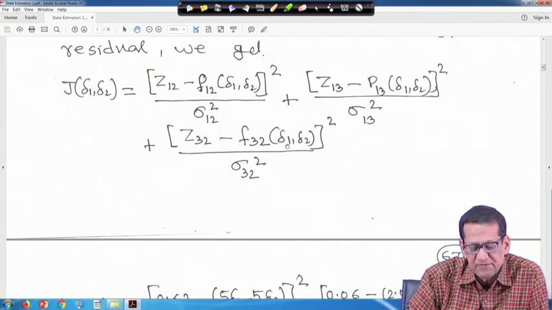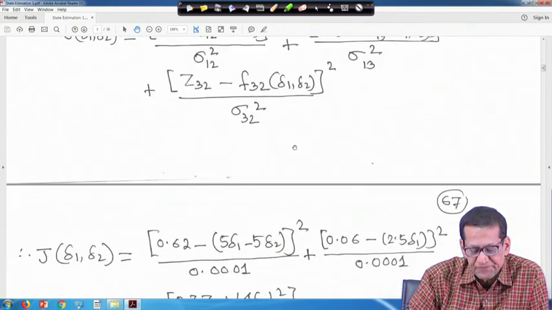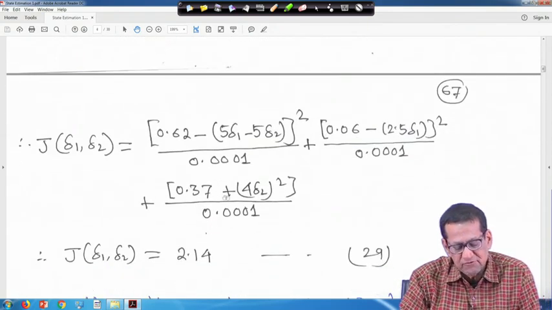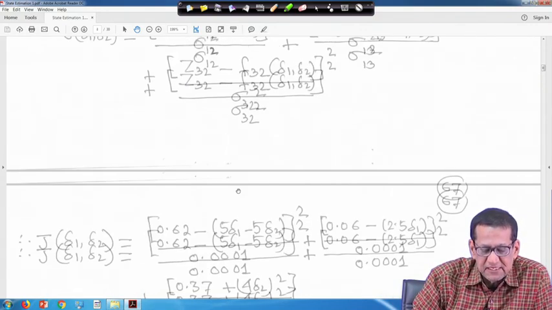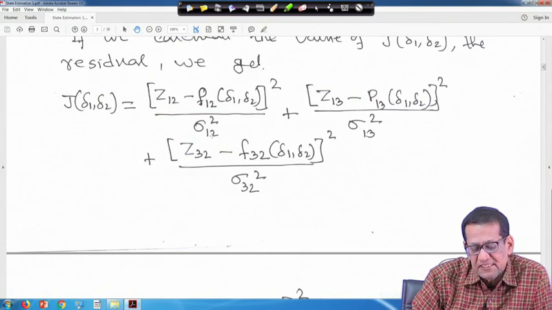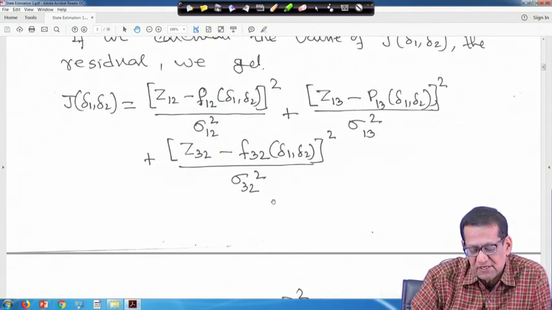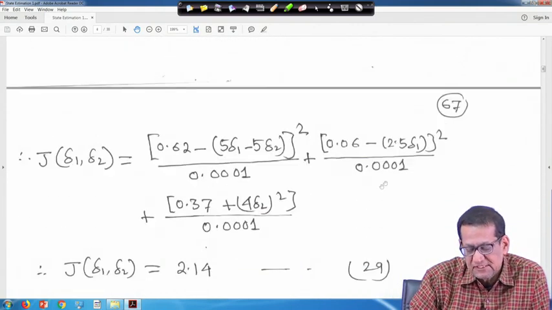F32 and P32 are the same, so there it is actually minus 4 delta 2, and minus minus makes plus 4 delta 2, squared. Each is divided by its respective variance, sigma 12 squared, sigma 13 squared, sigma 32 squared.